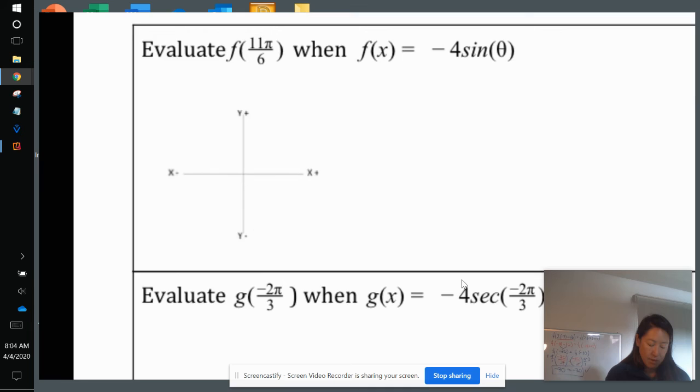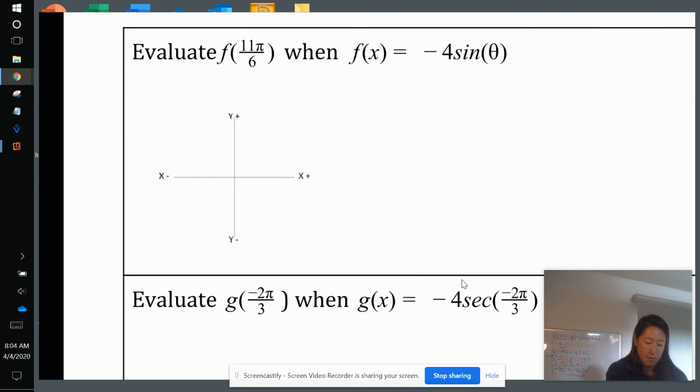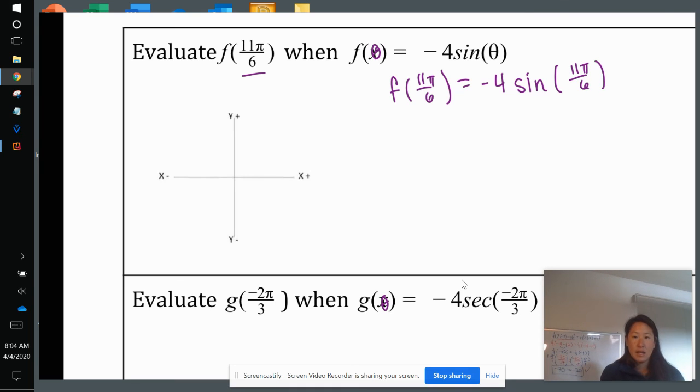I want to evaluate f of 11 pi over 6. That's my theta. I should change this to theta. f of theta is negative 4 times the sine of 11 pi over 6.